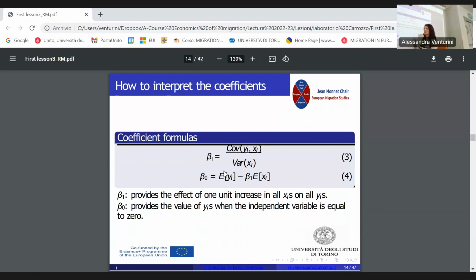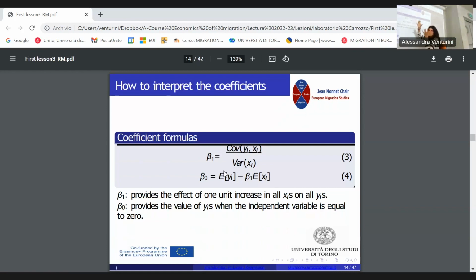For instance, the variance of the age, standardized on the variance of the age, if they have many years, few years, and so on. So of course you have to control for the size of the population and so on. And above you have how the heights vary according to the age, how much they vary together, standardized by the variation of the age. Just to say the way in which these variables move together.